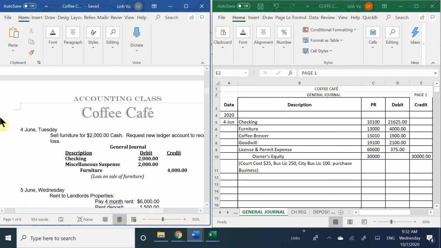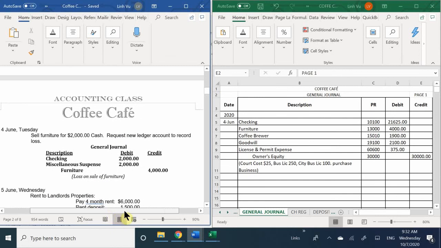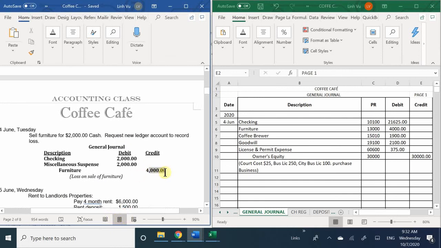So in this case, my first thing that I received was cash for $2,000. Now, our original asset that we purchased is supposed to equal $4,000. Now, with the debit and credit system rule, and with the historical cost as well, you cannot lower the value of what you originally purchased the furniture for.